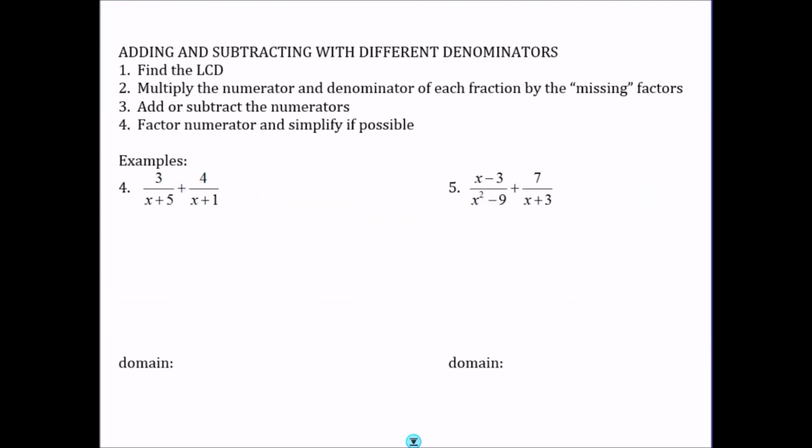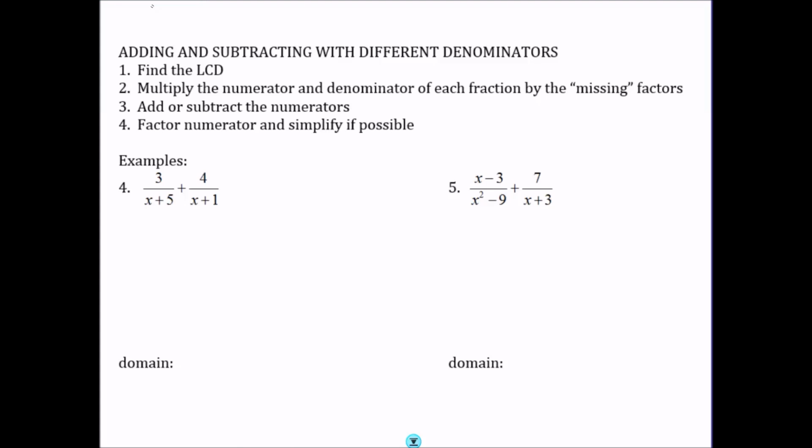Now, sometimes you don't have fractions with the same denominator. So if you have to add or subtract rational expressions with a different denominator, you first need to find the least common denominator, or the LCD. So again, let's go back to elementary school.